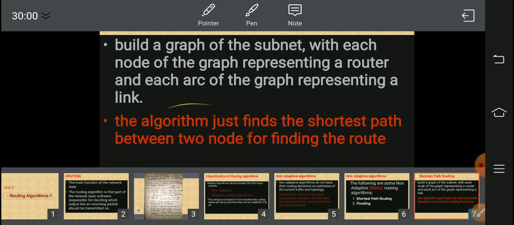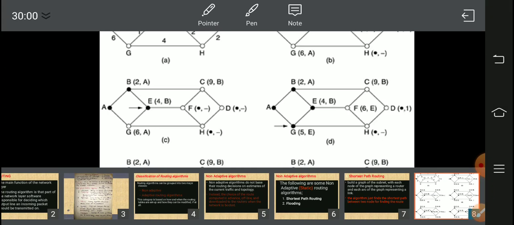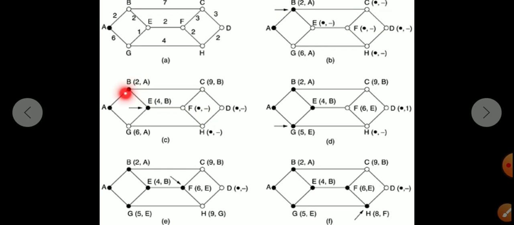But the packet is received from A to B, so the distance is 2 plus 7. From here to here, the distance is 2 plus 7. So overall 9 comma B for C.